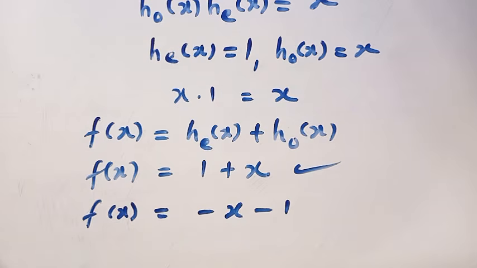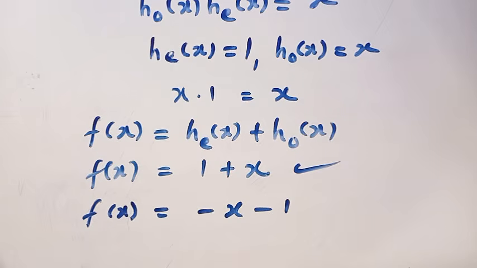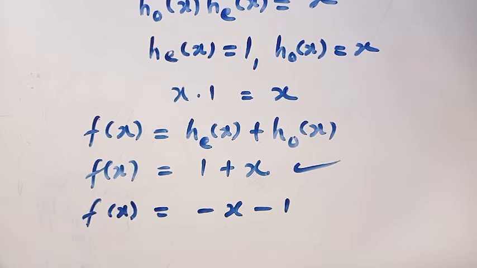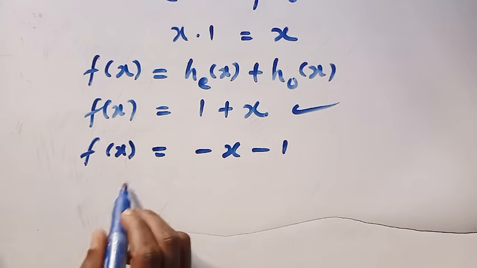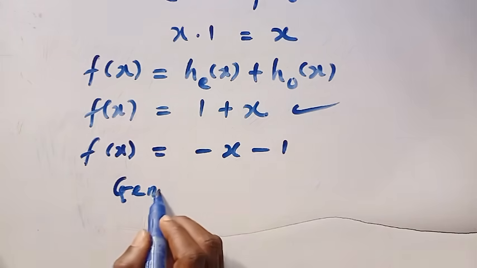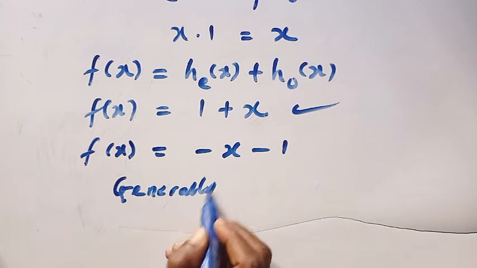So these are the two values we can have for f(x). And if you want to make it in a general form, to allow any kind of arbitrary function or arbitrary constant, we can just consider this expression.